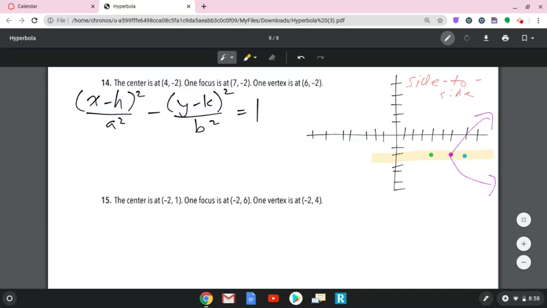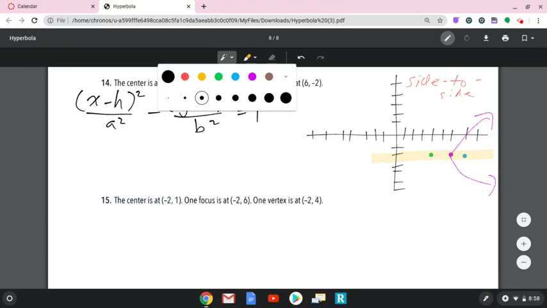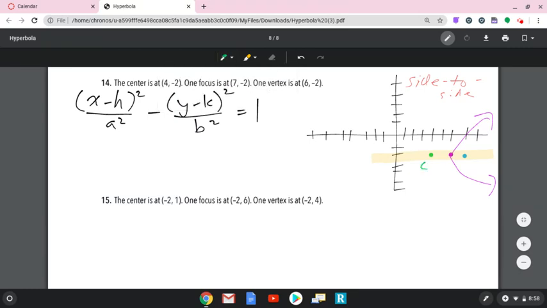I have a center, I have a vertex, and I have a focus. I have everything I need to know, even though I don't have the other side, which I could count over and draw. Remember, the distance between the center and the vertex is a.